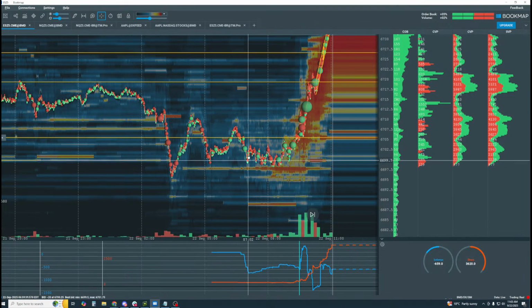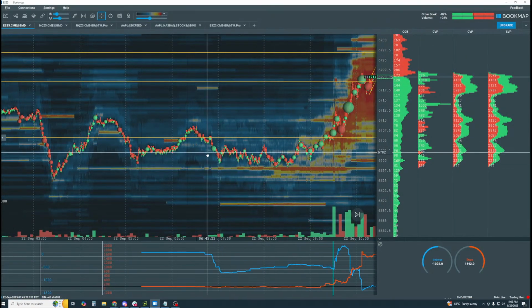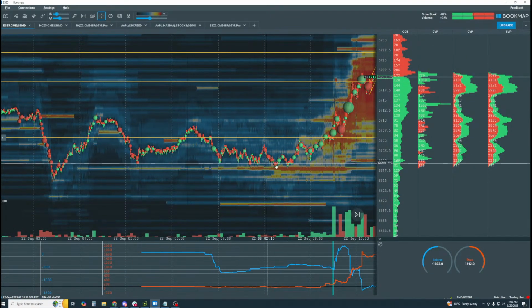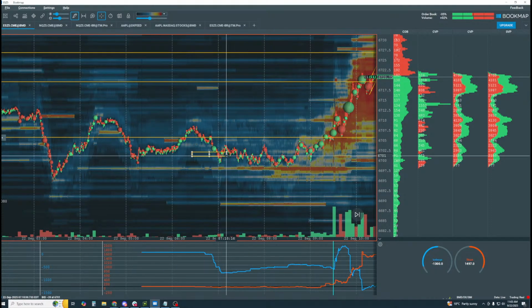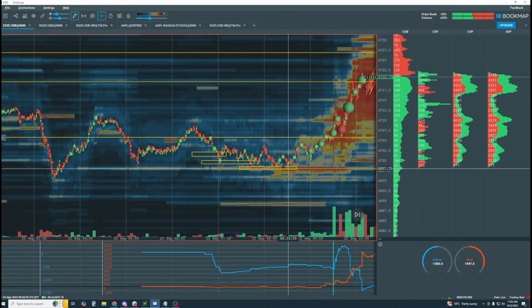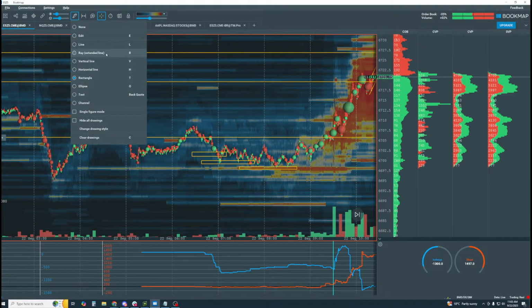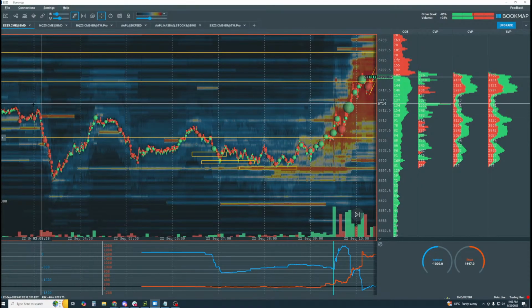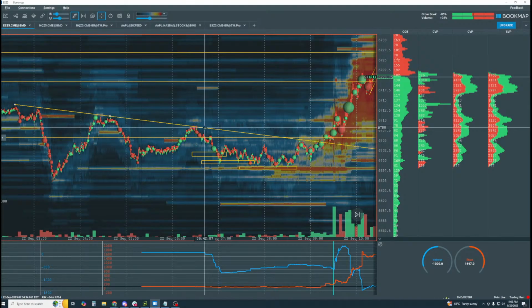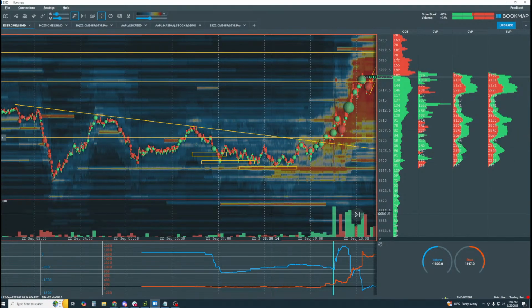In the setup, we're looking for all of that high liquidity to get filled. Like in this area, in here, and here, and here, we want to see it trade into that, and then we want to see a trend line break, and we want to see the aggressors come in.